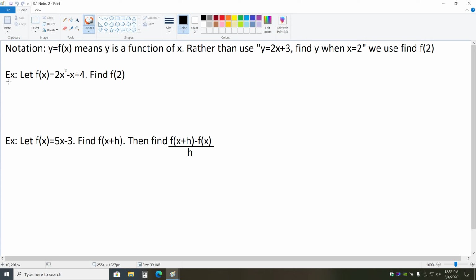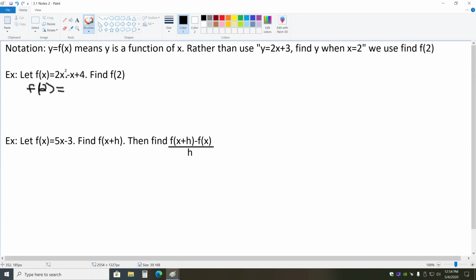Okay, so for our next example, we're going to let f of x equal 2x squared minus x plus 4, and we want to find f of 2. So to find f of 2, remember that means find y when x equals 2. So f of 2 means we're going to take 2 and plug it in for every x value.